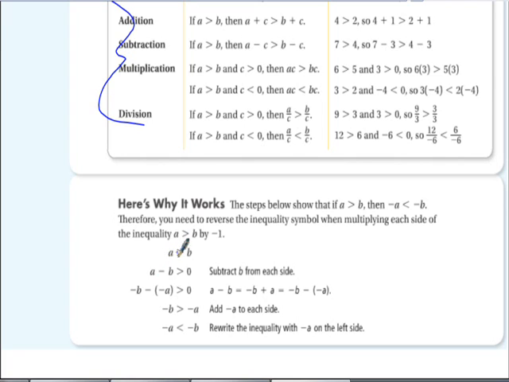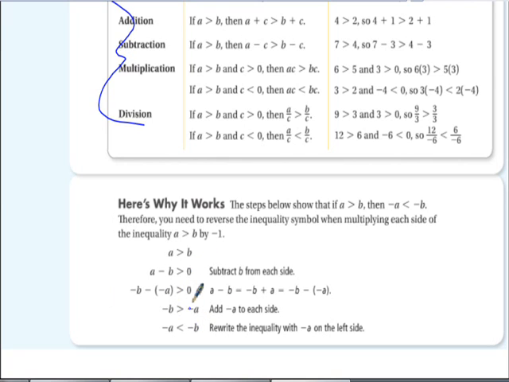We have a is greater than b, so we subtract b from both sides. So now over here is 0. We can rearrange that to be negative b minus negative a, and then add negative a to both sides, and we end up with negative a is less than negative b.